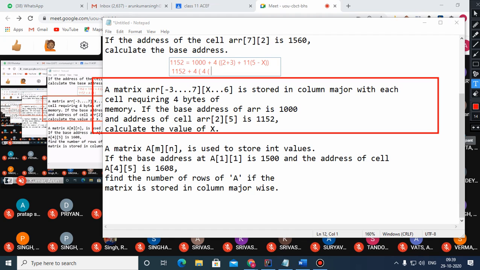Further, here it is 5 plus 11, and here 5 minus X.